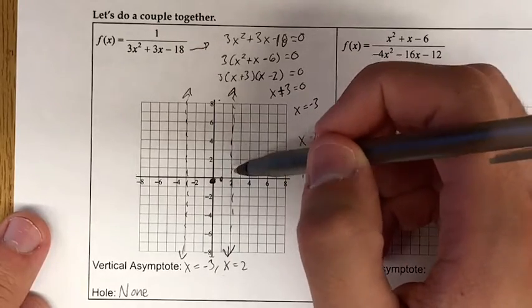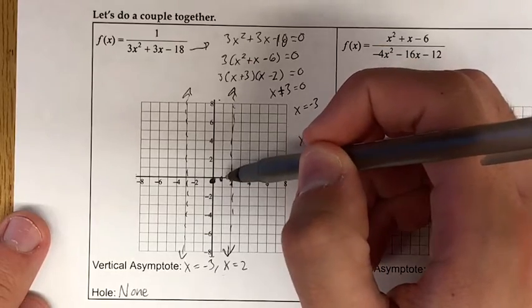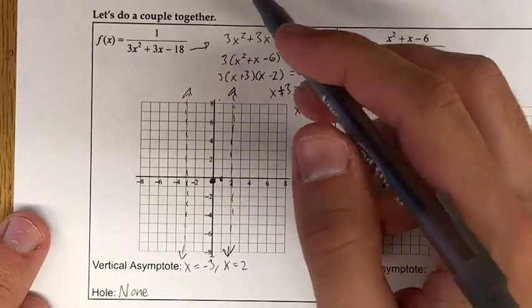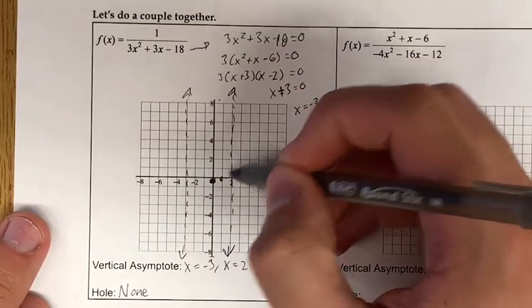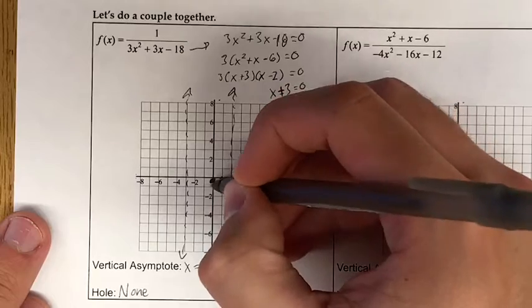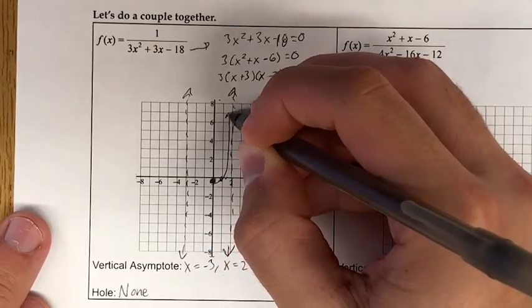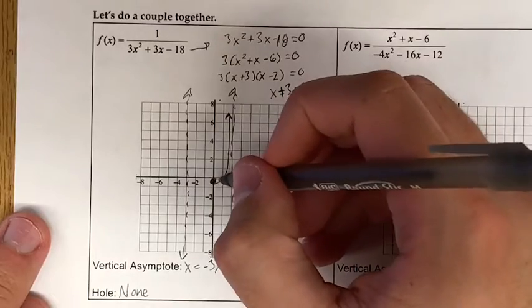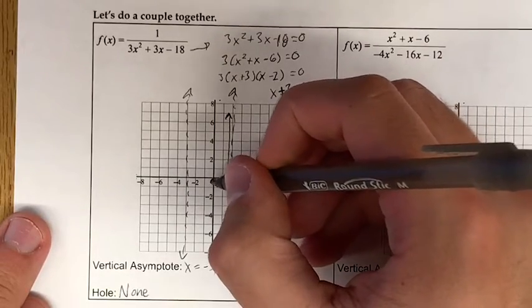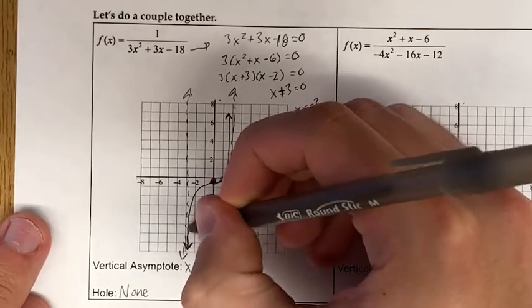But if we plug in 1.5, we're going to get something that ends up going a little more positive, going up here. Whereas when we're working over here, I believe we should get something that goes in this direction.